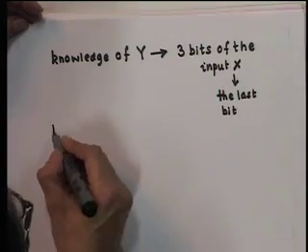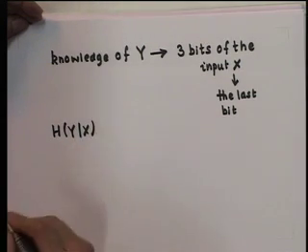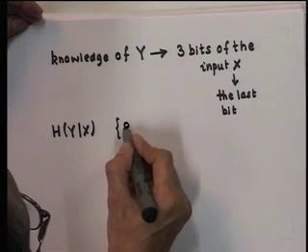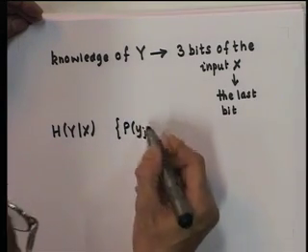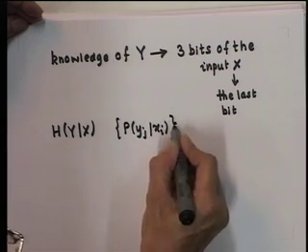Now, to obtain H(Y|X), we need the conditional probabilities, probability of y_j given x_i.